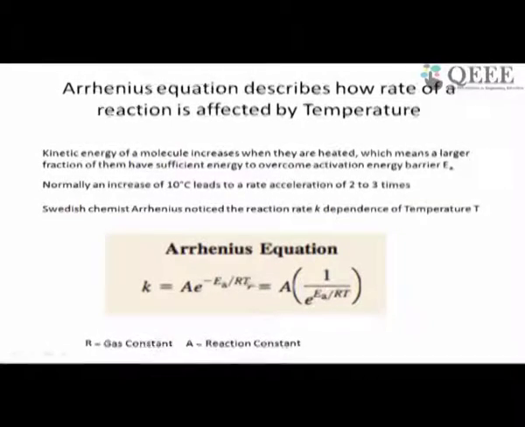Suppose the temperature is very high; if you have something divided by a very high value, like 1 divided by 10,000, the value will approach close to 0. The total exponent approaches close to 0, and e power 0 is 1, so this whole thing becomes 1, then K equals A. Which means A is the maximum rate constant the reaction can have.